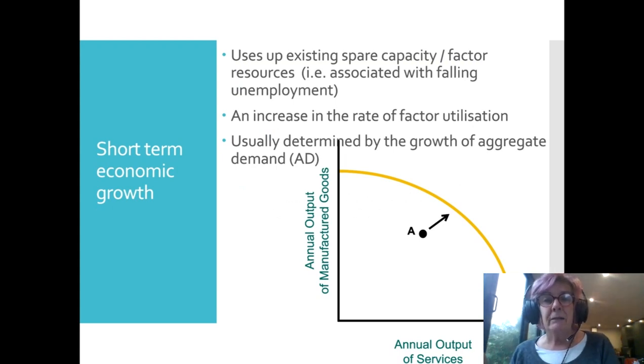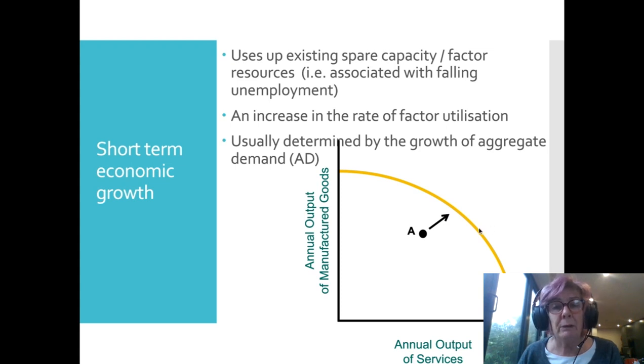So let's go back to a diagram that we were introduced to right at the beginning of this module. If you remember, this is the production possibility frontier diagram, or the production possibility curve. And if you remember, this yellow line represents the maximum we can produce in our economy if we use all of our resources, all of those factors of production.